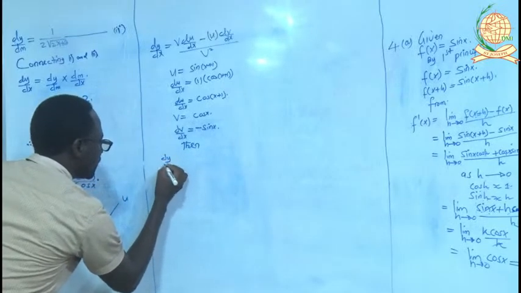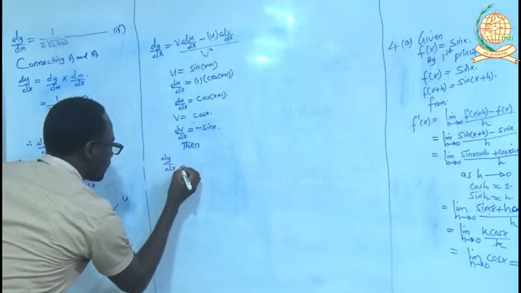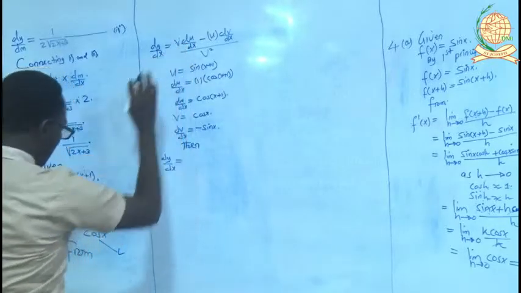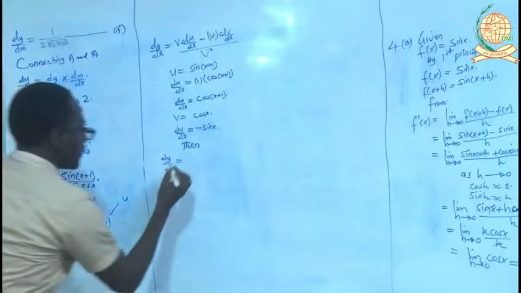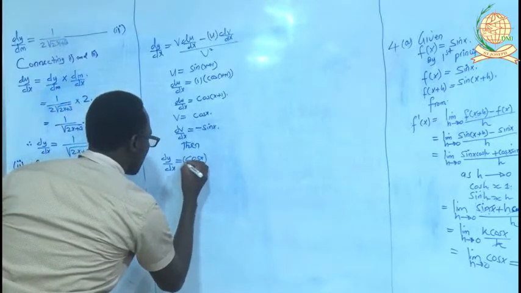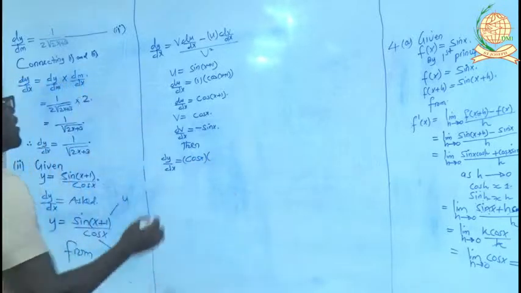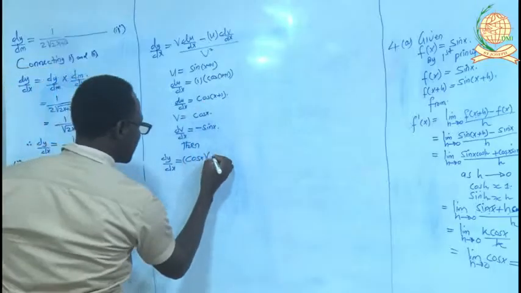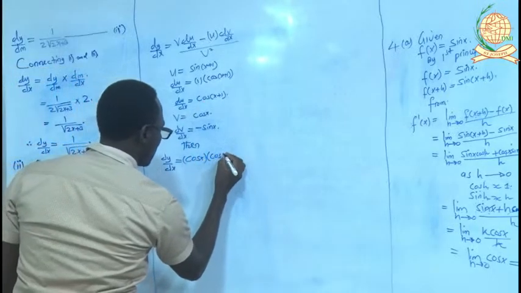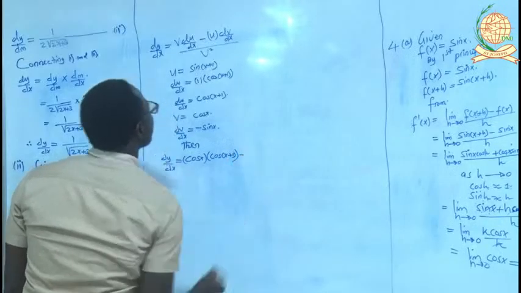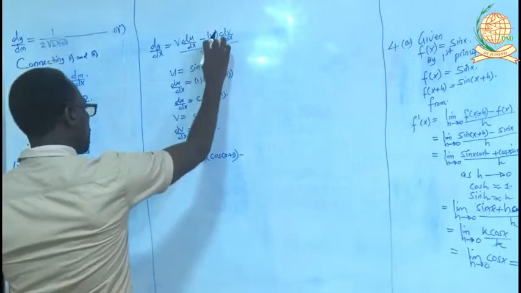this first derivative dy over dx will be equal to v. V is the denominator cos x. You write cos x times du dx. Du dx is this one here, cos of x plus 1, minus u.